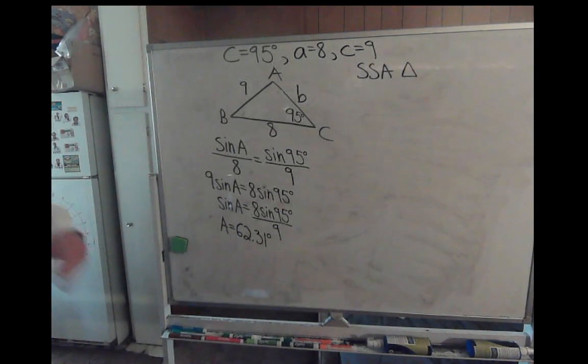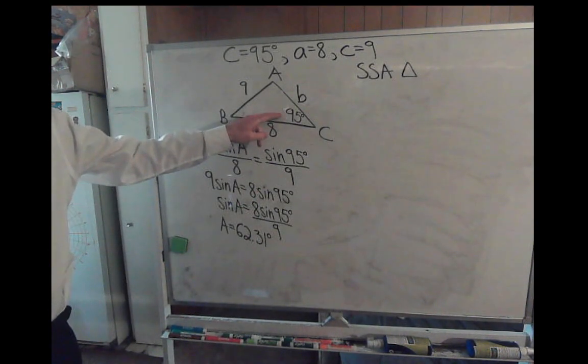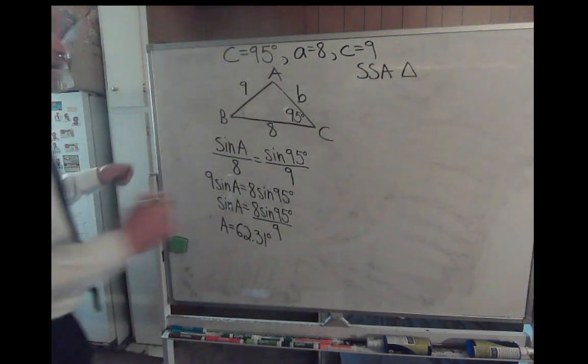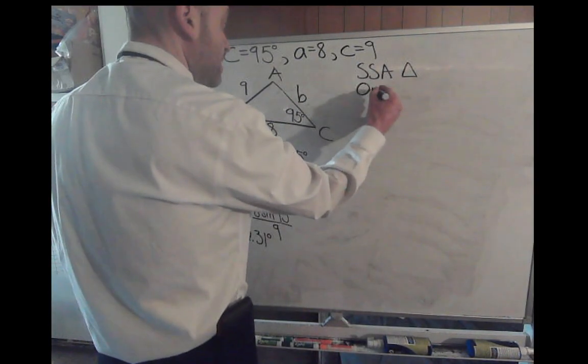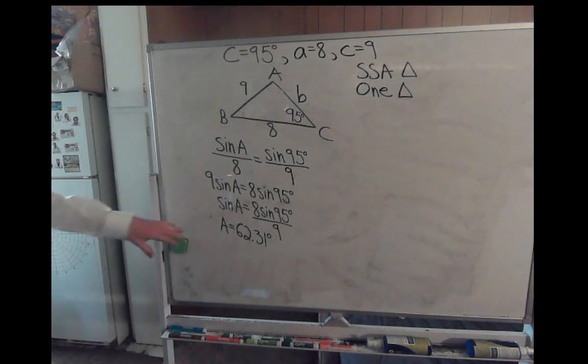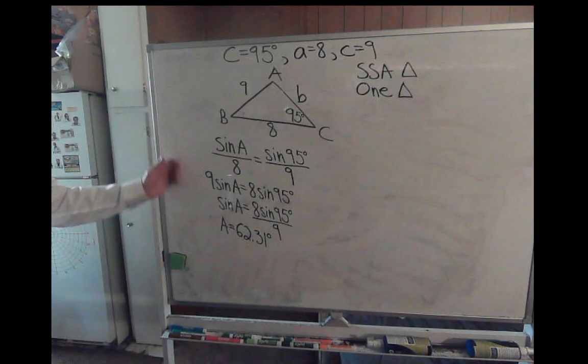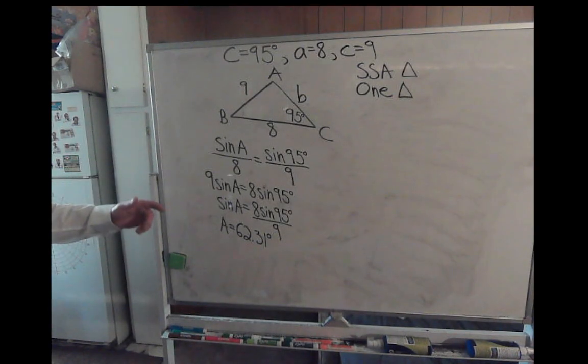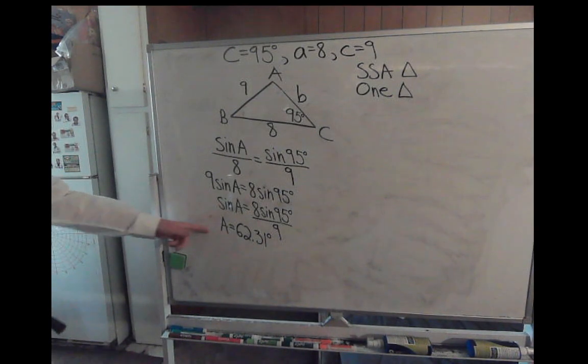Alright, well, 62.31 and 95 definitely don't go over 180, so for sure you have one triangle, but do we actually have two triangles? Well, again, every acute sine has an obtuse equivalent. So every first quadrant sine has a second quadrant equivalent.